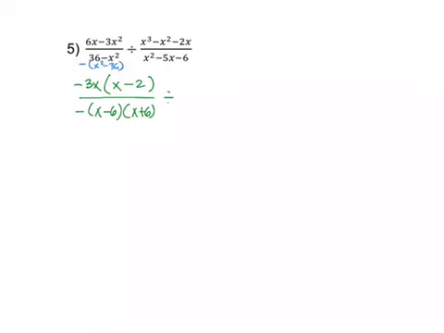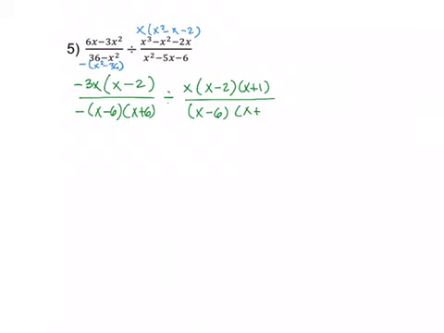Divided by, I can factor out an x right here. If I factor out the x first, I have x squared minus x minus 2. So my factorization is x times (x - 2)(x + 1), divided by (x - 6)(x + 1).